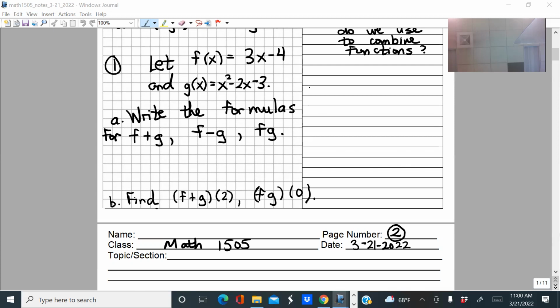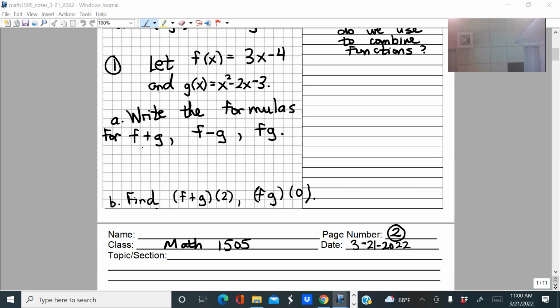All right, so we're going to take these two functions and combine them to form some more complicated functions. Let's see if we can write down the formulas for these new functions. First, let's write down the formula for this new function f plus g. Keep in mind, this is an entirely new function created from these two pre-existing functions.